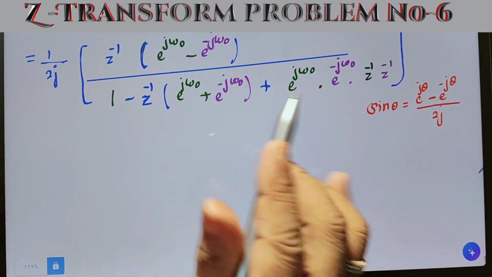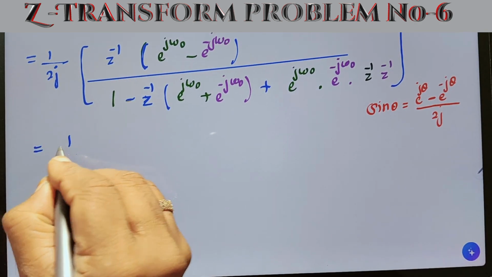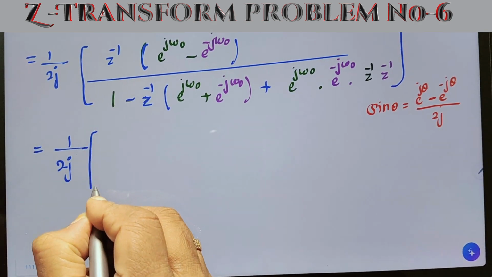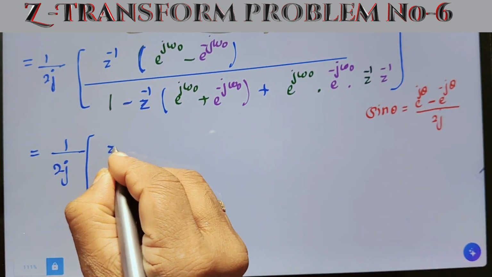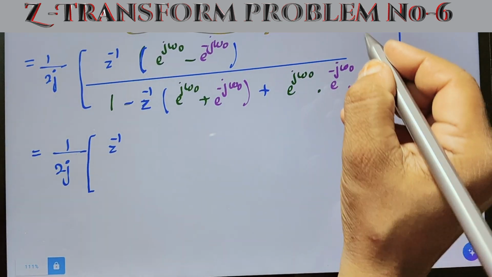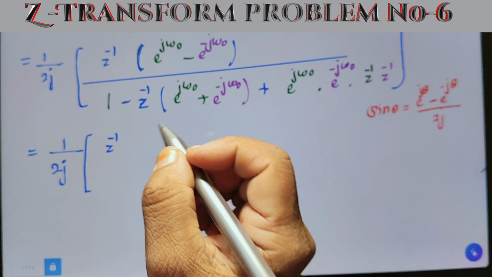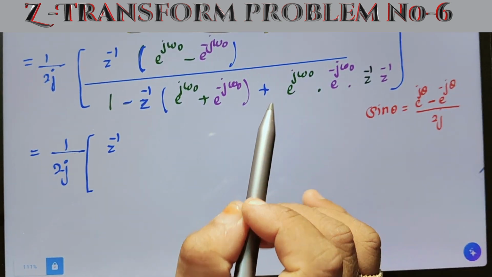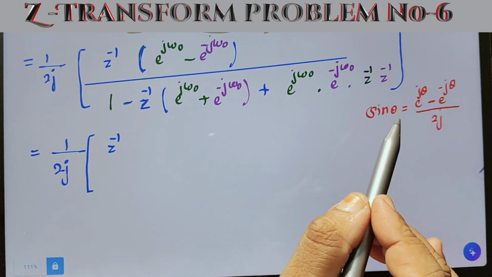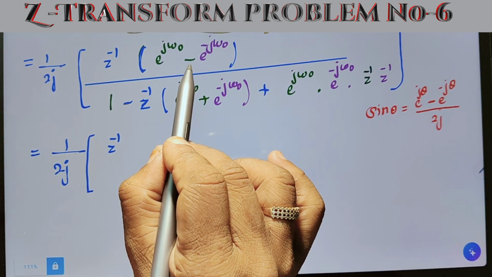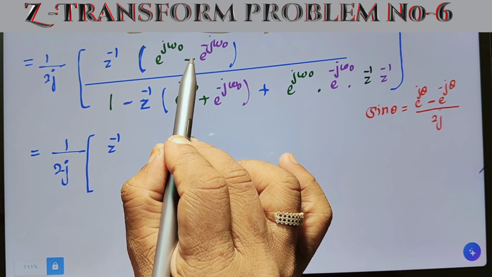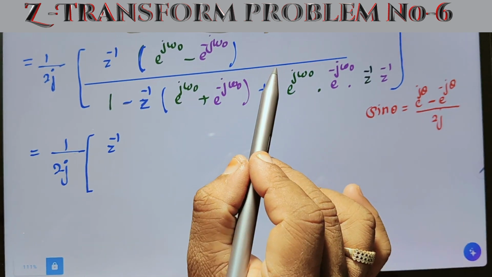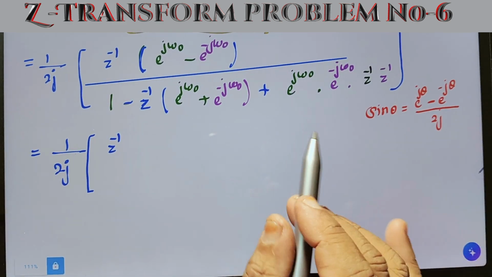For the next line, 1 by 2j, open the bracket, take z inverse common, and write the missing term, because it is convenient to convert the e power term into a sine term. Why we choose the sine term is because here in between is a minus sign. In case it is a plus sign, we have to convert this term into cos. Let us see in the next video.